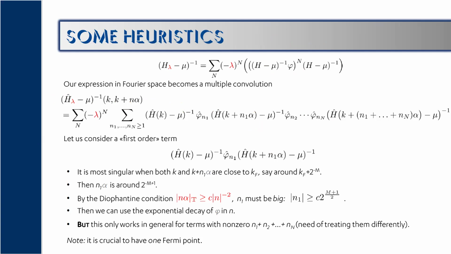And if we pass to Fourier space, then this product becomes a multiple convolution, and then another coefficient, and the result is t plus n1 alpha plus n2 alpha and so on.